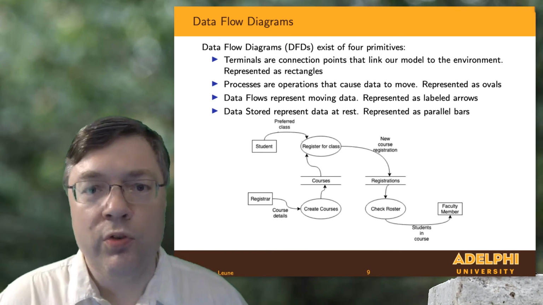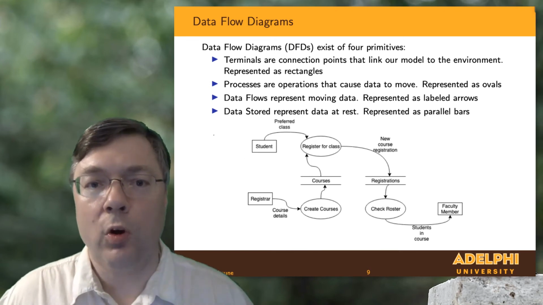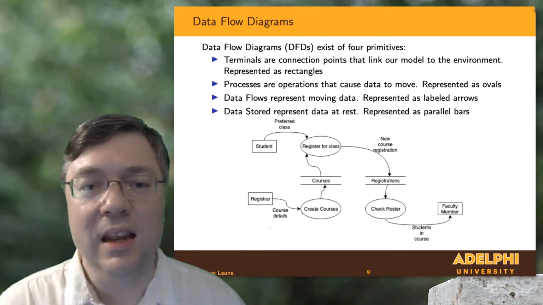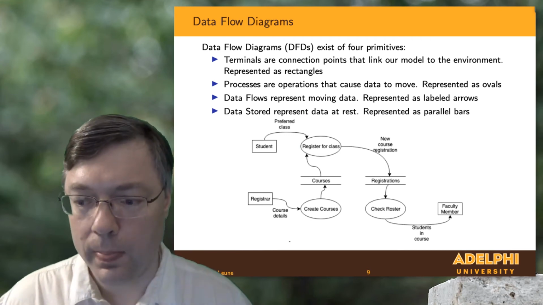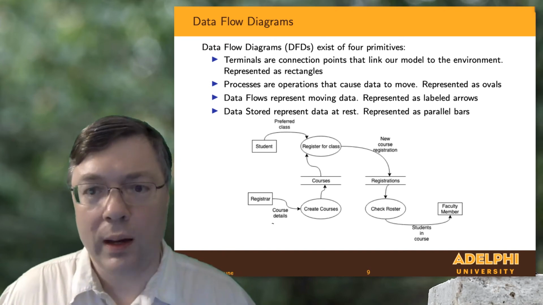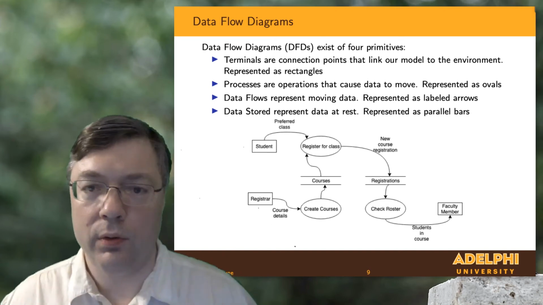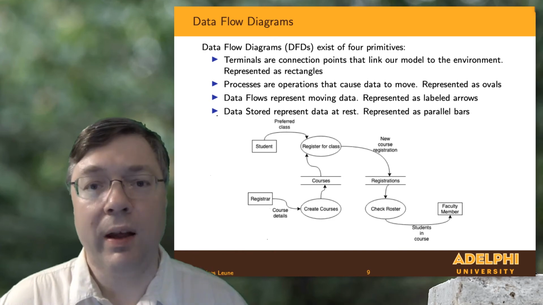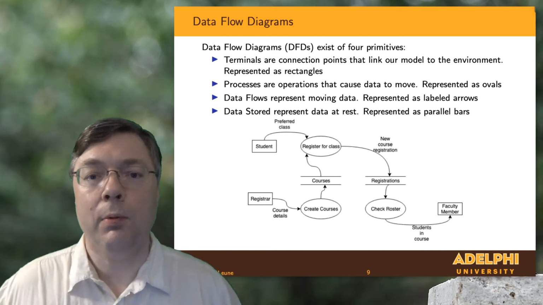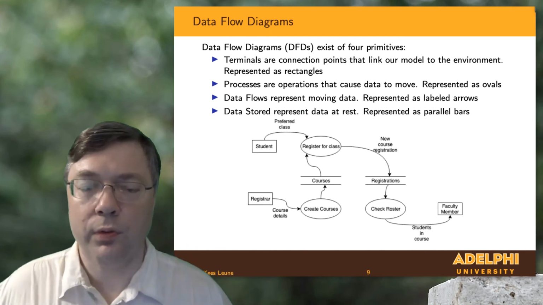And that name should typically be a verb-noun combination. So create course, for example. Delete user, that kind of stuff. The process needs to have arrows going in and arrows going out. The arrow is directional. It's a direction of data flow. And the arrow should be labeled with the nature of the data that is flowing.